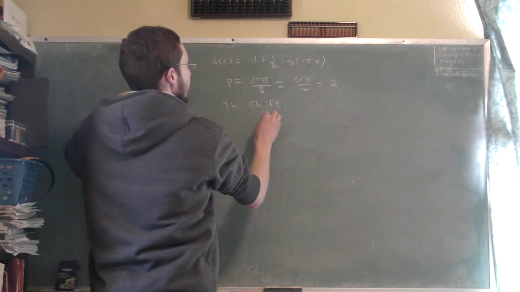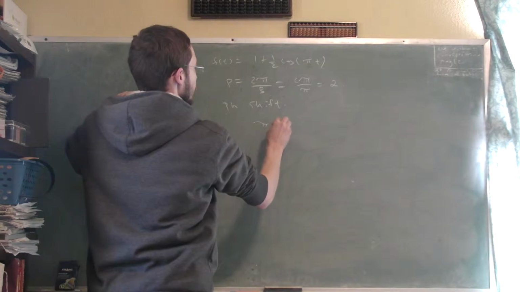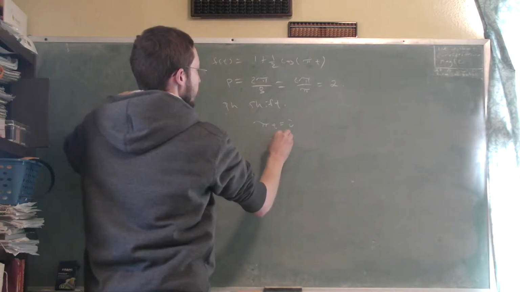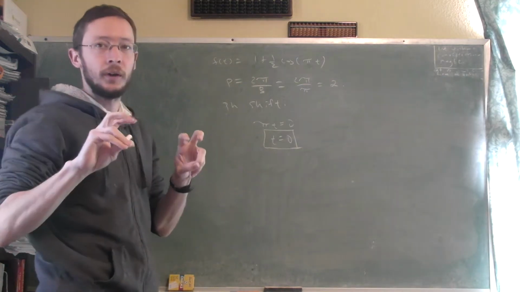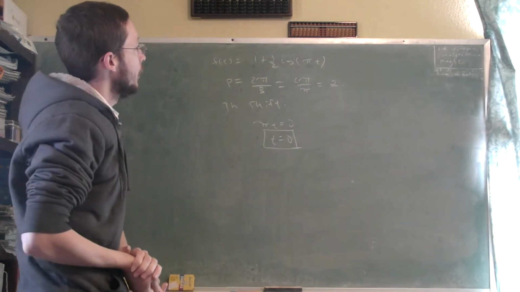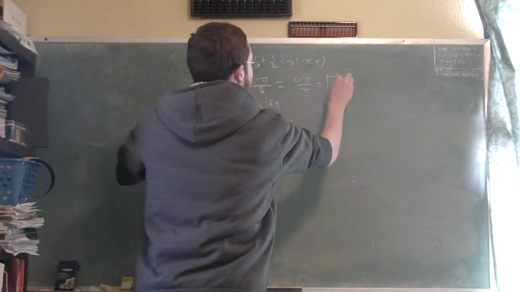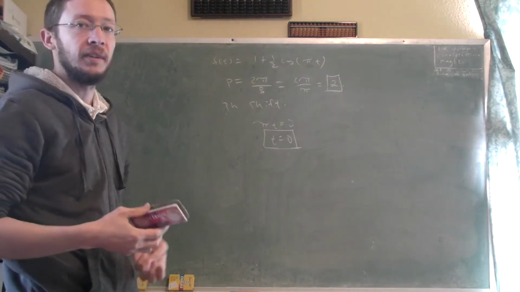So phase shift is obtained by setting the inside equal to 0 and solving for t. So there's our phase shift, that's our quote-unquote starting point, and then here's our period. Okay. So let's take these two values, and we're going to set up those 5 key points.